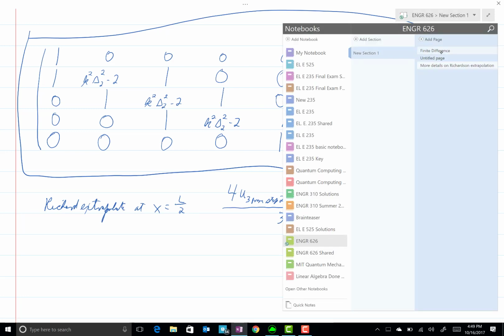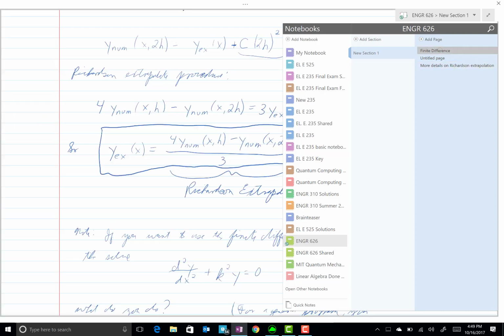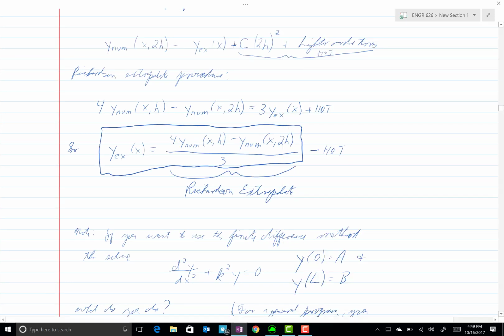This, again, is corresponding to this equation right here. You have 4 times your numerical solution from one spacing minus 1 times your numerical solution with double that spacing divided by 3.